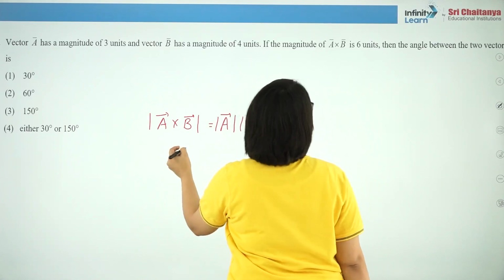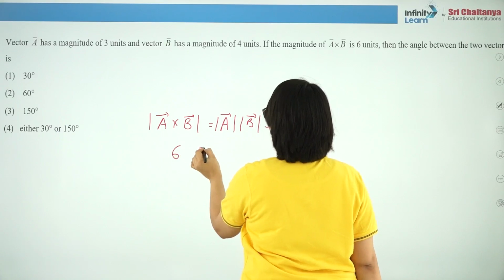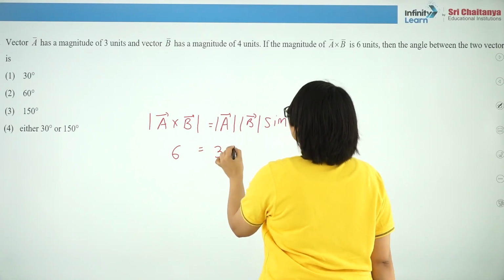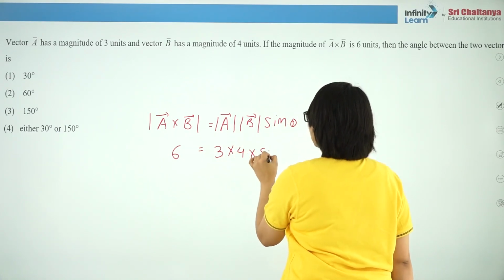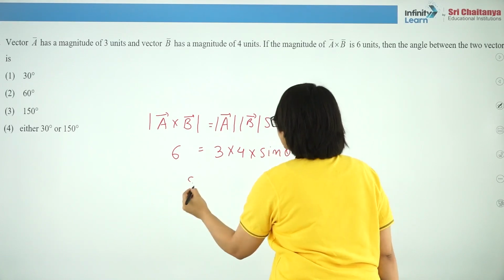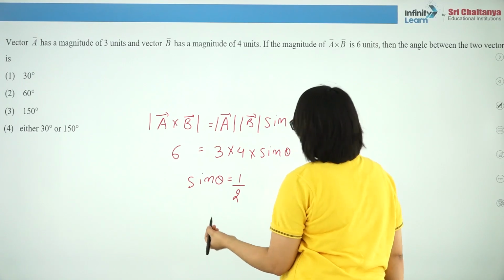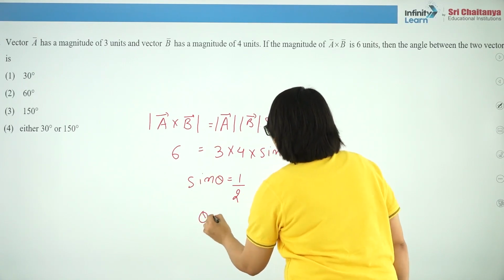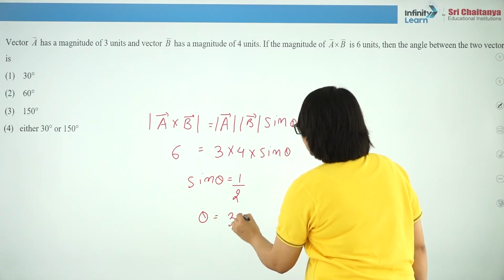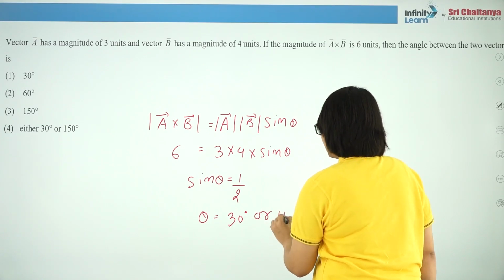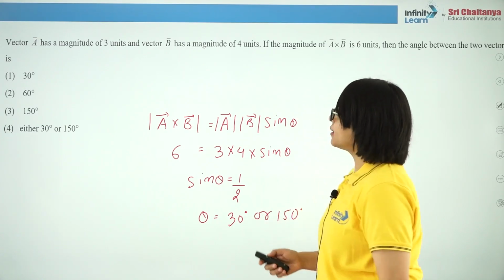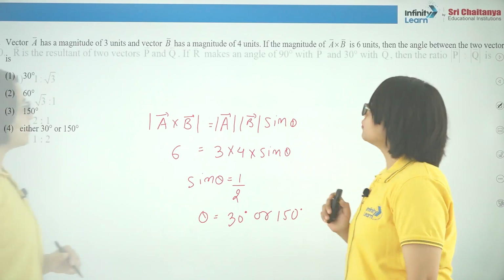A cross B magnitude is given as 6, A magnitude is 3 and magnitude of B is 4, into sin theta. So, you can see that sin theta is 6 by 12, which is 1 by 2, and sin theta is 1 by 2 when theta is equal to either 30 degree or 150 degree. So, correct answer is option 4.